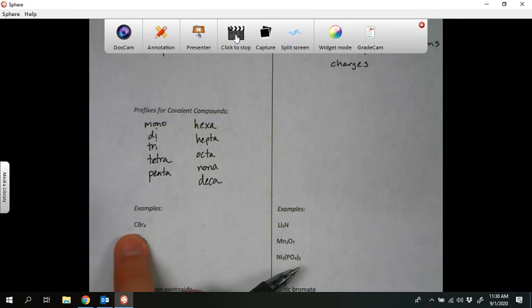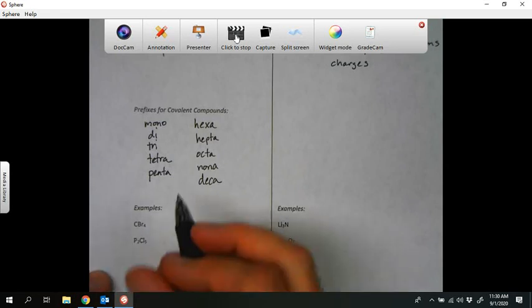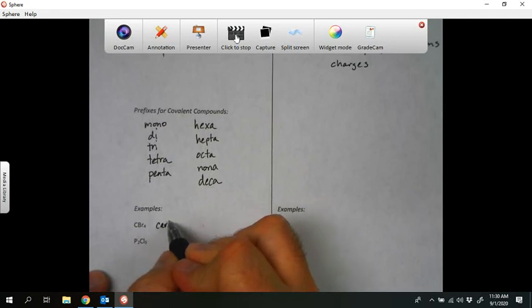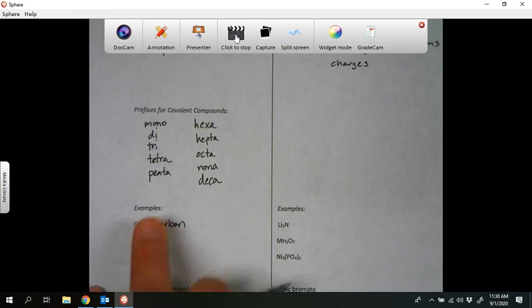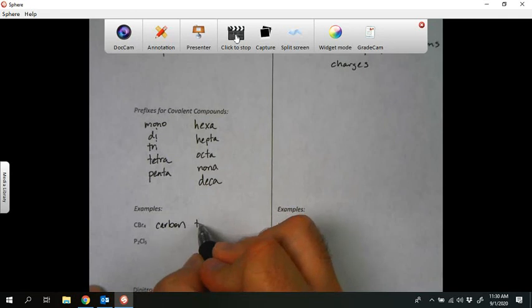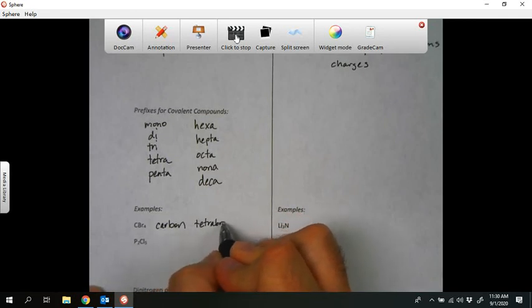If there's only one, like in this one, we do not put mono in front of it. So C is carbon. There's only one of them, so we just say carbon. The second part of the name, the element bromine, we drop the ending and add "ide" to the ending. So bromine becomes bromide, and there's 4 of them, so we have to put tetra in front of it. So tetrabromide.